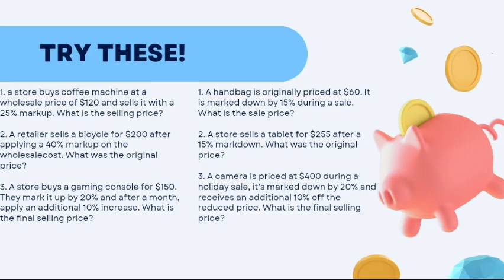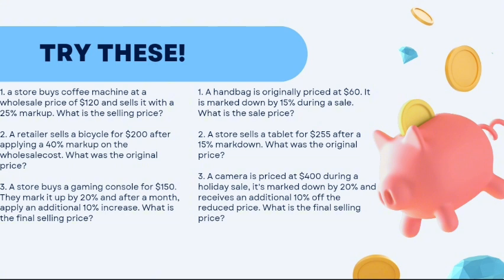I have here some questions that you guys may or may not want to answer for both markup and markdown. I have three questions for markup and three questions for markdown. Here are the questions. I will read them to you guys. For number 1 in markup, a store buys a coffee machine at a wholesale price of $120 and sells it with a 25% markup.